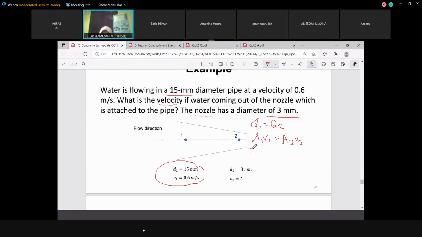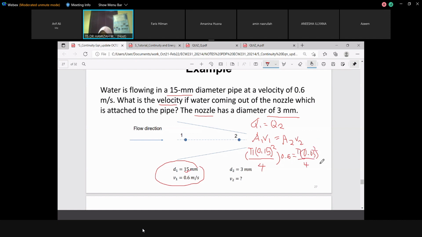Area of the circle, the cross-section area is pi D squared over 4, with D converted into meters, 0.15. V1 is 0.6. Just put in the values you know. From here, area 2 you can also find, which is pi, D is 0.03 in meters, divided by 4.